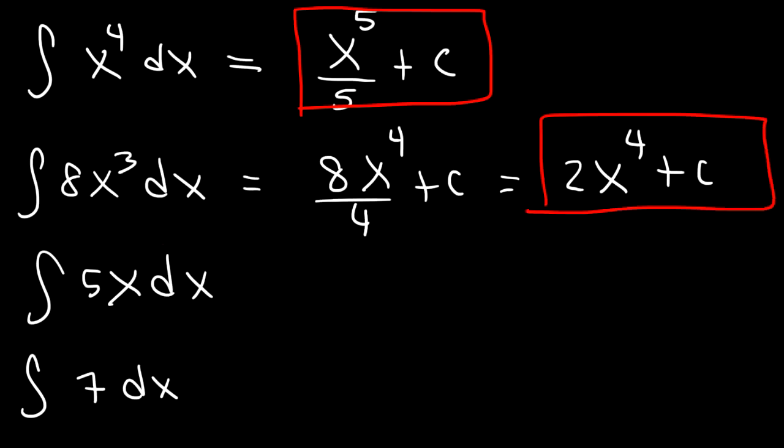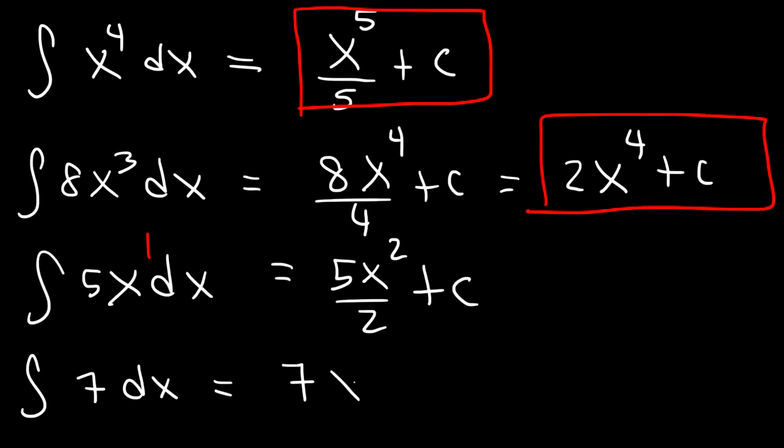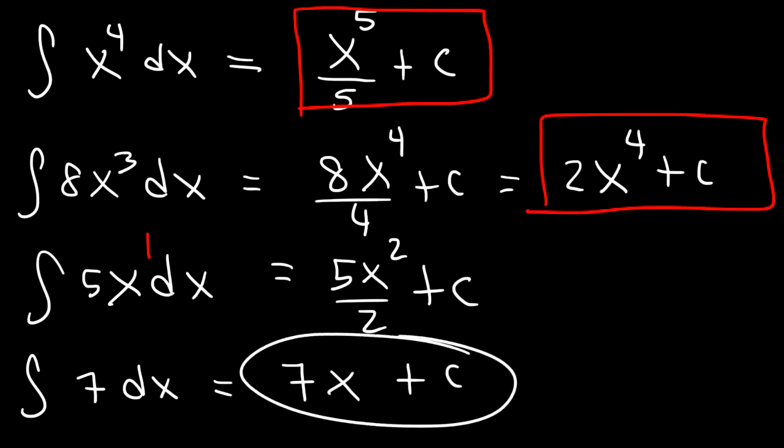Now for the next example, the exponent is 1. So if we add 1 to it, it's going to be 2, and then divide by that number. So it's 5x squared over 2 plus c. And for the last one, if you're going to integrate a constant, just add an x value to it. Keep in mind, the derivative of 7x is 7. So that's integration, or the process of finding the antiderivative.